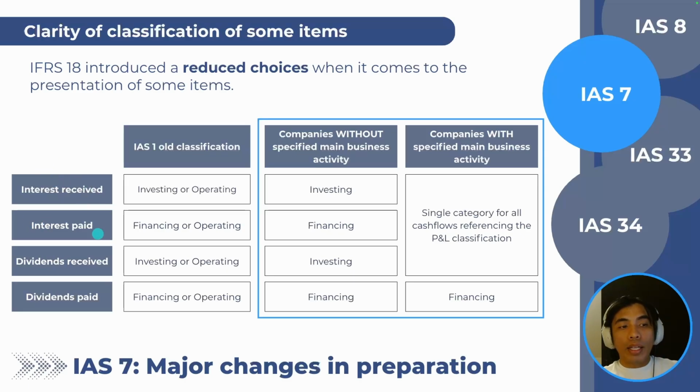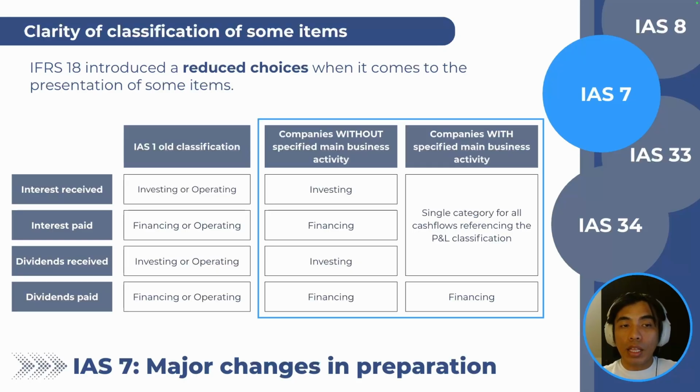Interest received and dividends received, previously you had an option whether it's investing or operating activity. Interest paid and dividends paid, you also had options, financing or operating. Whatever you choose, it should just be applied consistently.